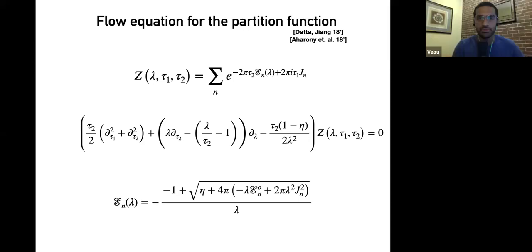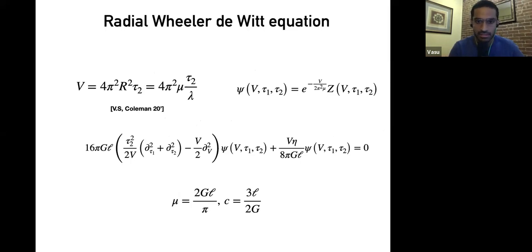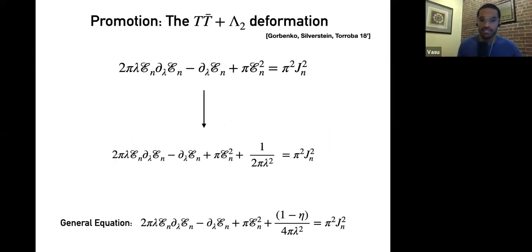Yes. So eta is just a bookkeeping device that lets me know whether I'm turning on pure TTbar or if I'm adding lambda 2. So if eta is 1, then I have just the TTbar deformation because the last term on the left-hand side of the bottom equation is 0.